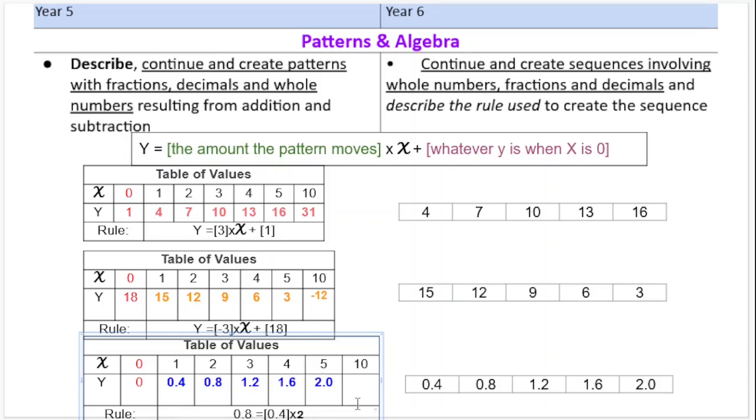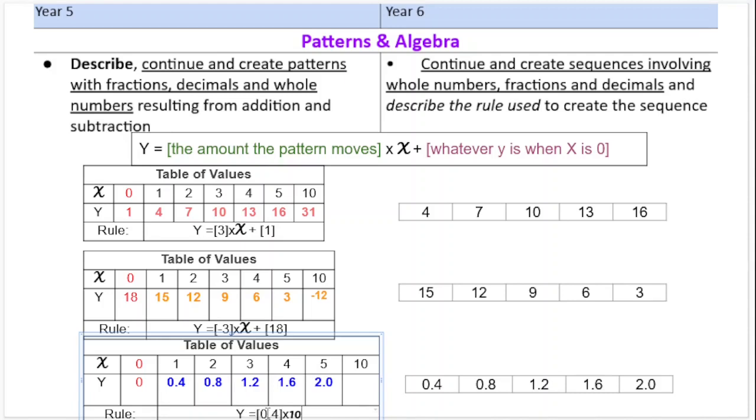All right, let's have a look at the fifth one. So we're double checking. 2.0 equals 0.4 times 5. So it kind of looks like 4 times 5, and that kind of looks like 20. So yes, 2.0 is 0.4 times 5. Now we want to look at what it's going to equal at our 10th number.